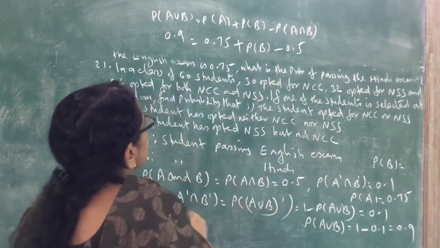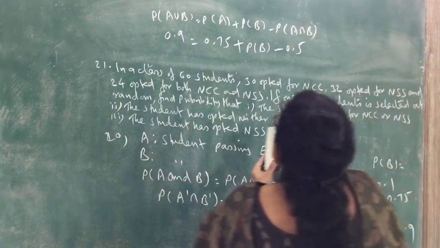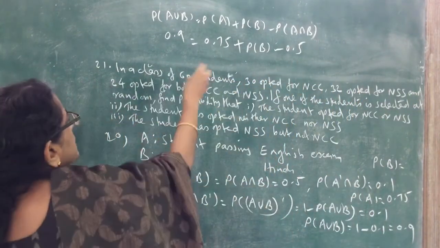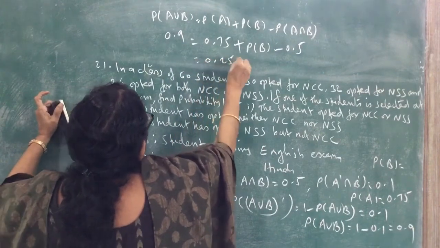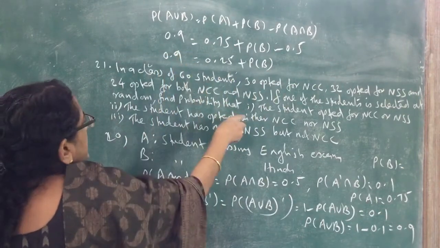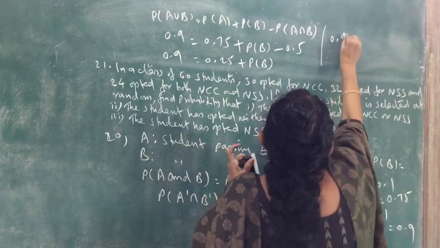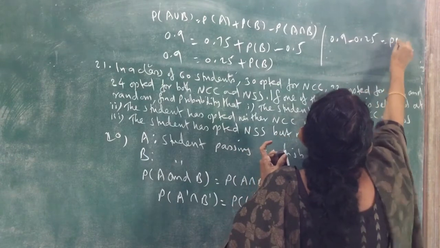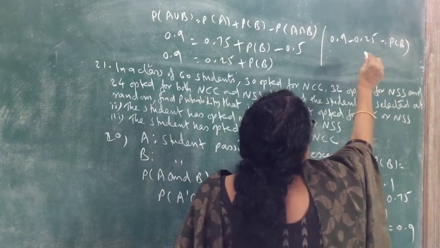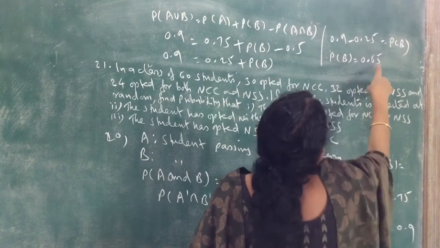Now we can simplify. 0.75 minus 0.5 is 0.25, so 0.9 equals 0.25 plus probability of B. Taking 0.25 to the other side, probability of B equals 0.9 minus 0.25, that is 0.65.